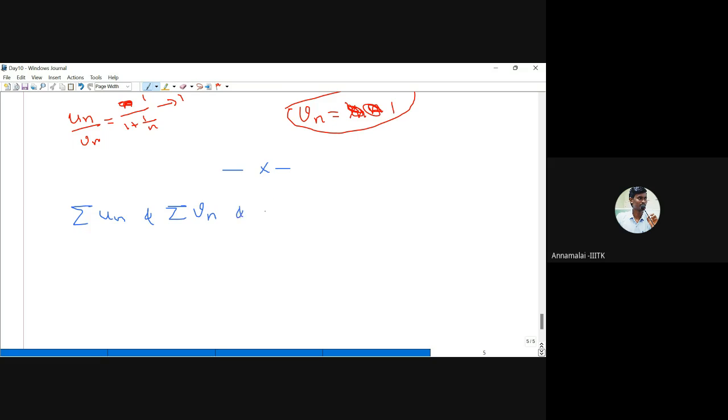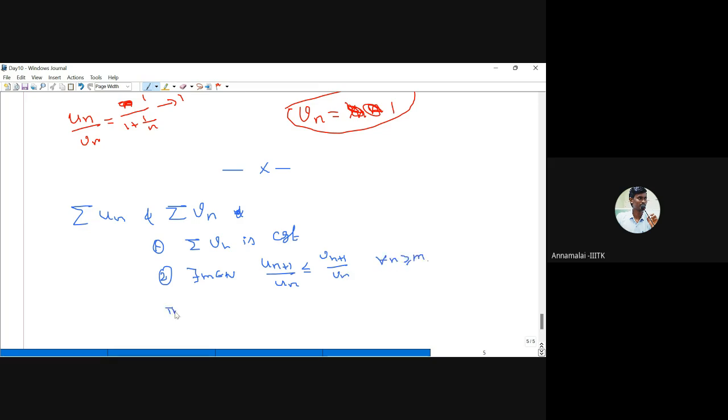Suppose summation Vn is convergent, and after some stage m, we have Un plus 1 by Un less than or equal to Vn plus 1 by Vn for all n after this stage m.